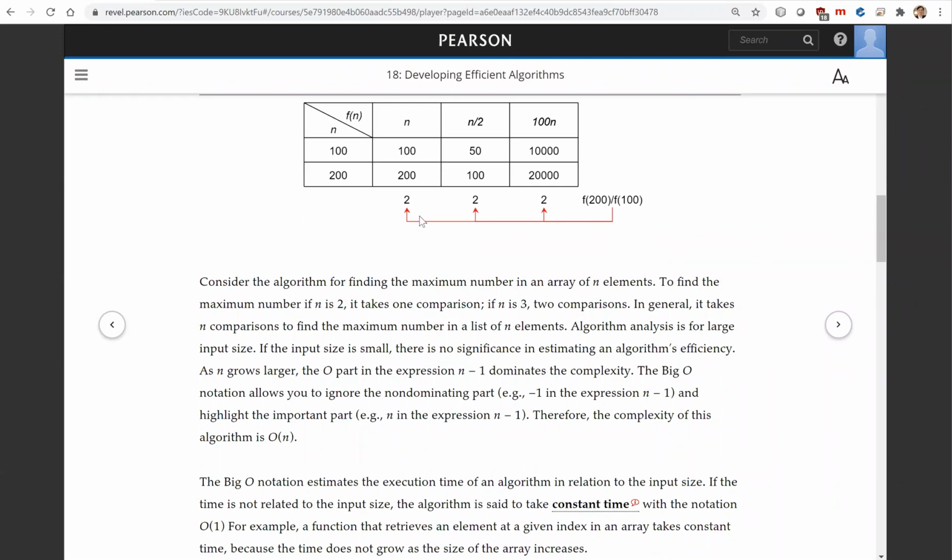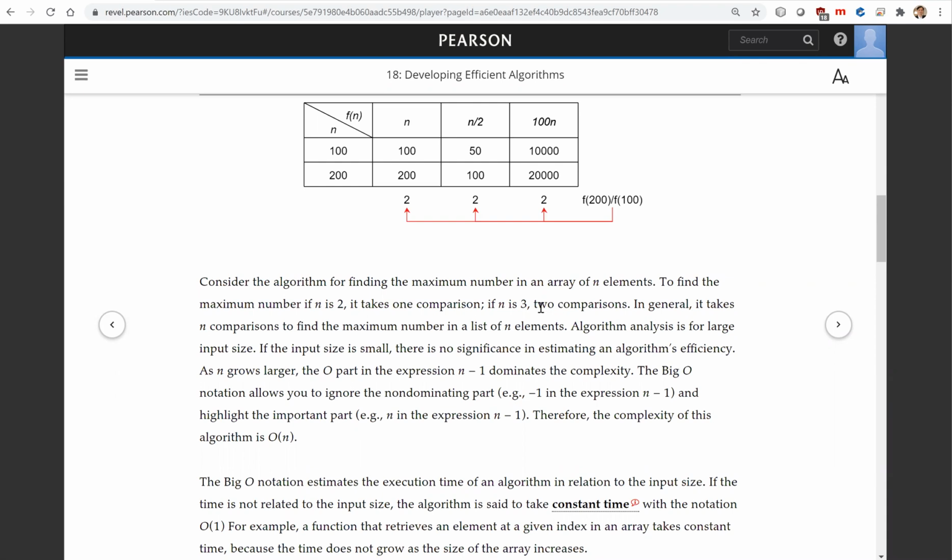So let's look at another example. Consider the algorithm for finding the maximum number in an array of n elements. To find the maximum number, if n is 2, it takes 1 comparison. If n is 3, you need 2 comparisons. In general, it takes n minus 1 comparisons to find the maximum number in a list of n elements. Algorithm analysis is for large input size. If the input size is small, there's no significance in estimating an algorithm's efficiency.